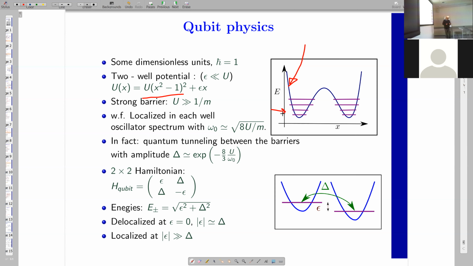So I introduce an extra term which breaks the symmetry between the two wells. Here it is. Okay, so how will I go from this system to a qubit? Well, I would just say that I want to look at the two lowest levels in each well.